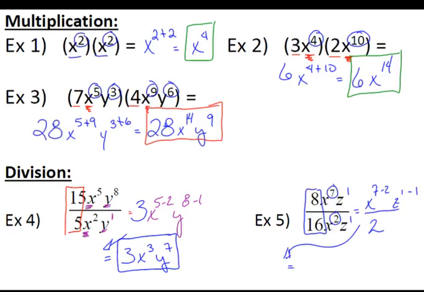So I'm going to have on top x to the 5th power, z to the 0 power over 2. Now z to the 0 power is 1. Any number to the 0 power is 1. So my final answer would be x to the 5th power over 2.